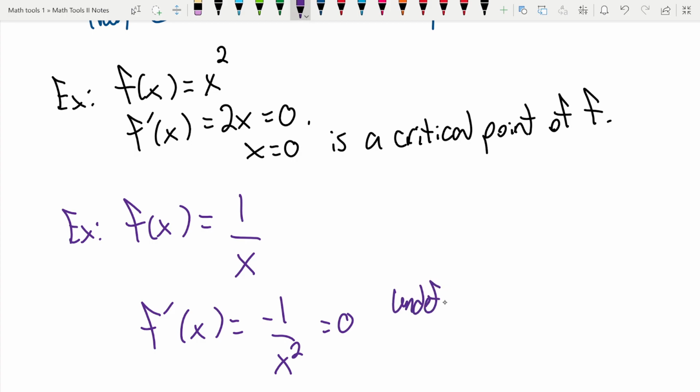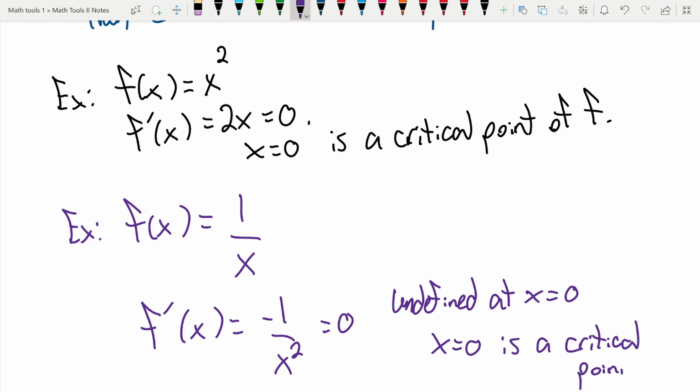It's undefined at x equals 0. So x equals 0, again, is a critical point. So this is where we would be looking for a local max or min. And this is also an example of where you're not going to find one. This is going up, basically the limit from both sides is infinity, so there's really no way to talk about a maximum point.